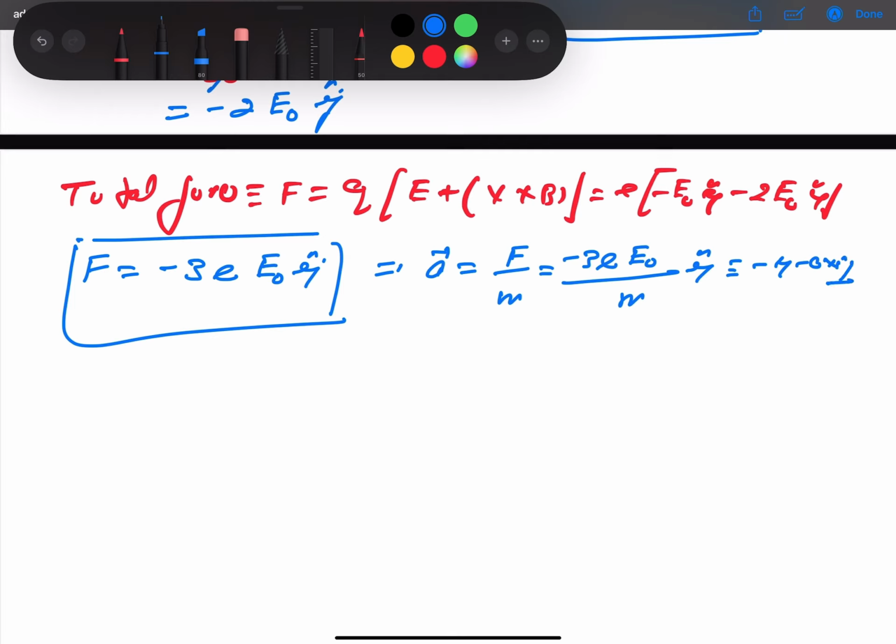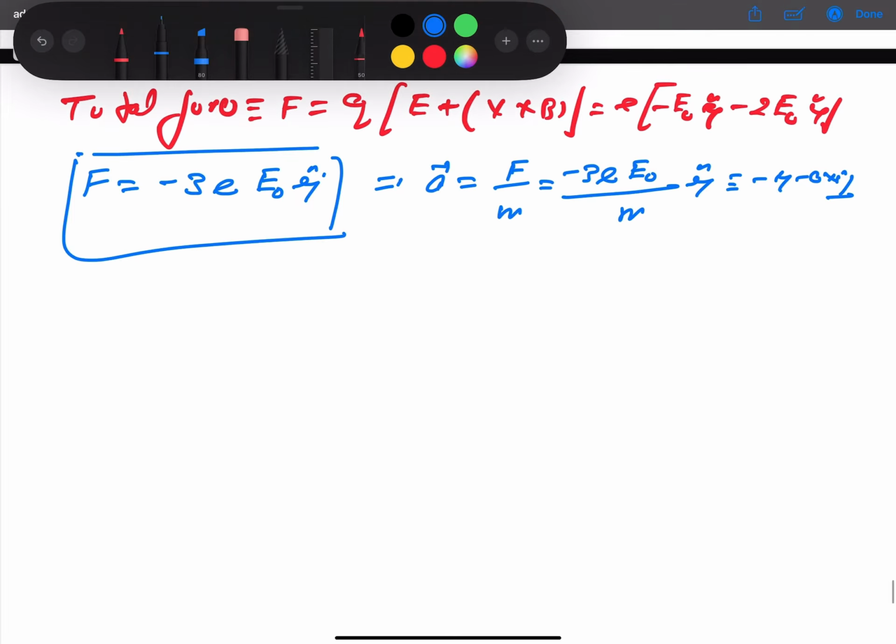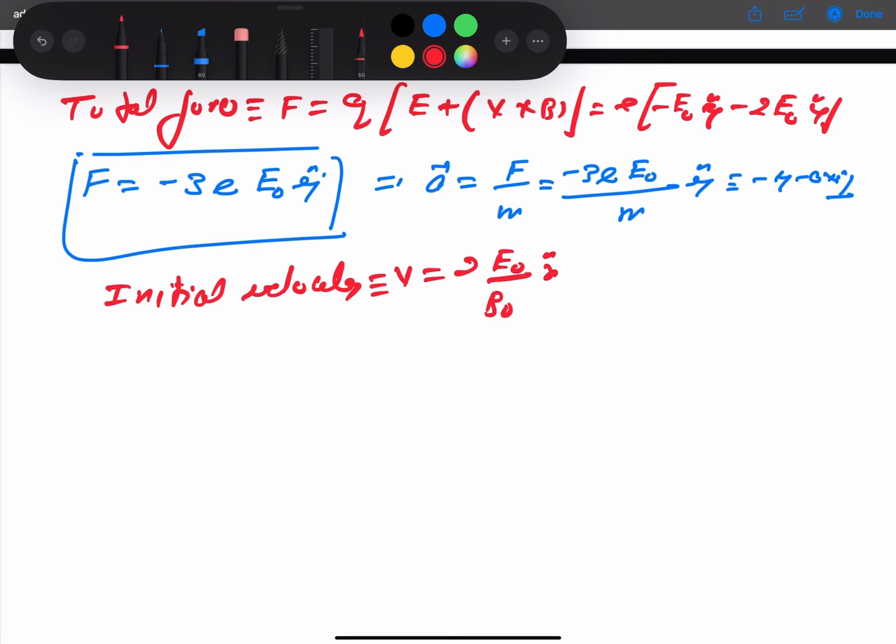And the initial velocity is along plus x. The initial velocity is V, which is 2 E naught upon B naught x unit vector, in the plus x axis.